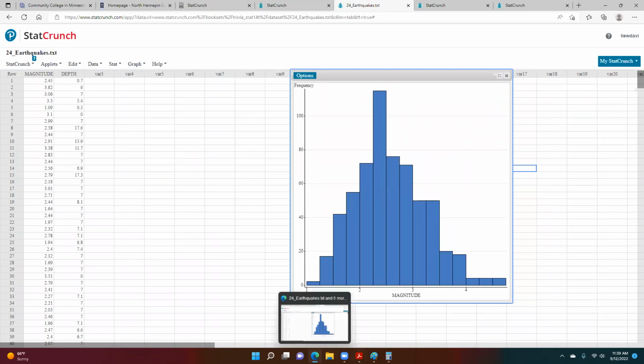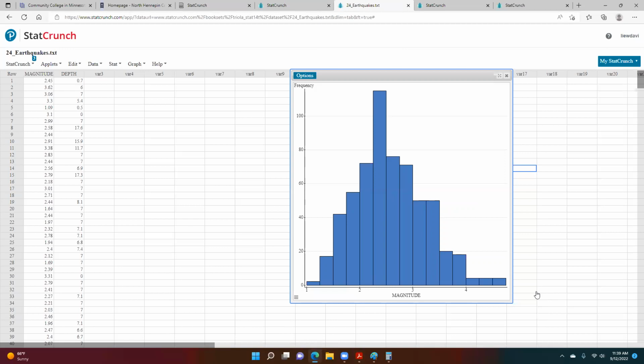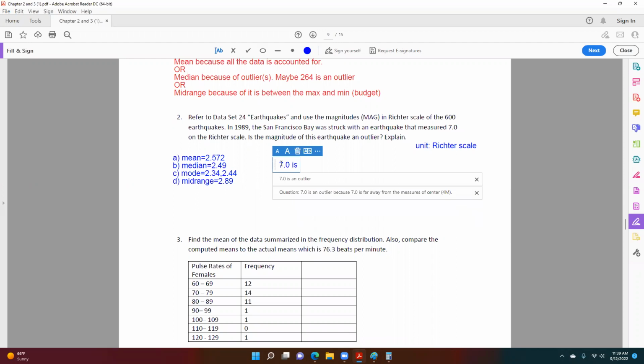Now the question is telling us about 7.0, so we can tell that 7.0 is somewhere out here. So we for sure know that 7.0 is an outlier, because it lies far away from the rest of the data set.